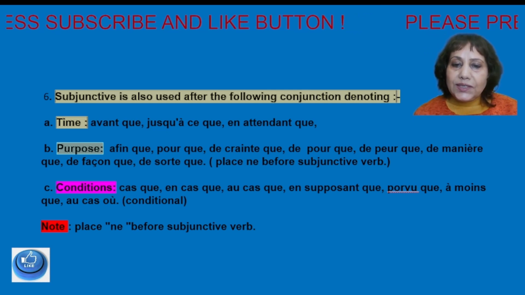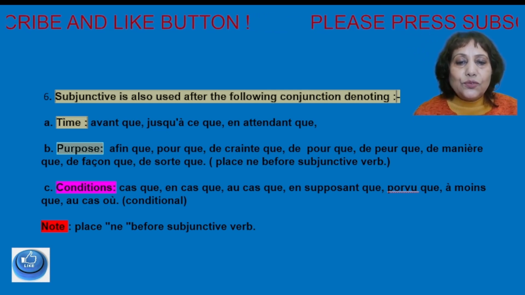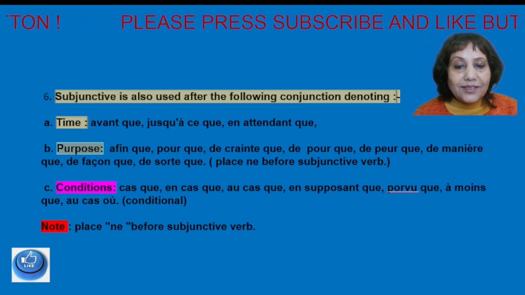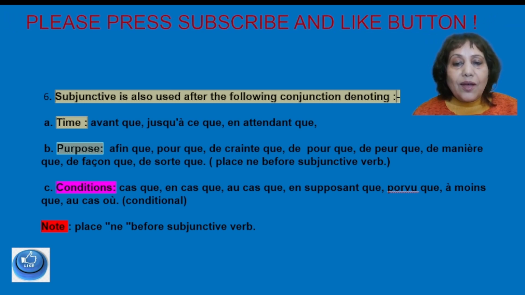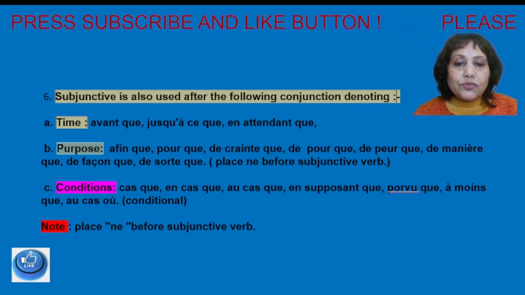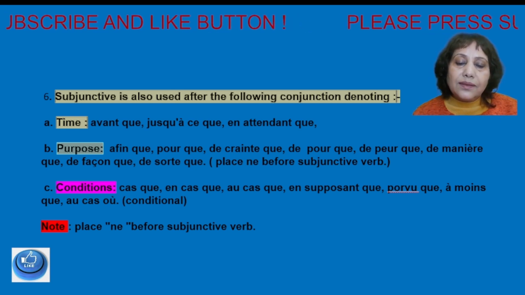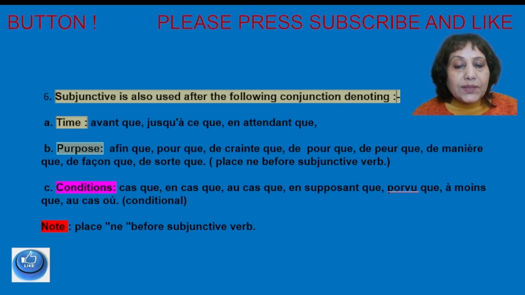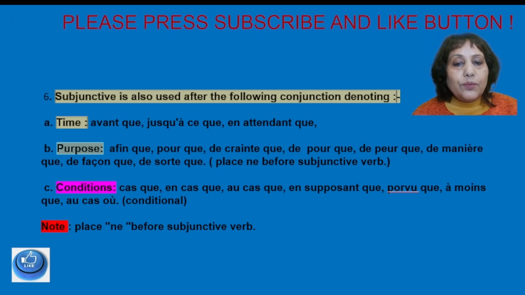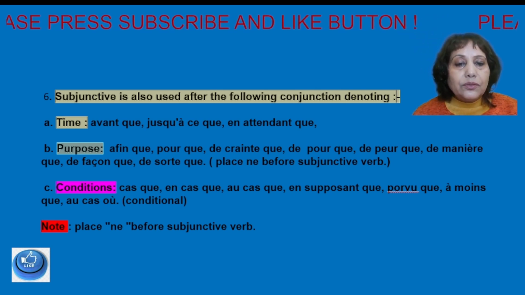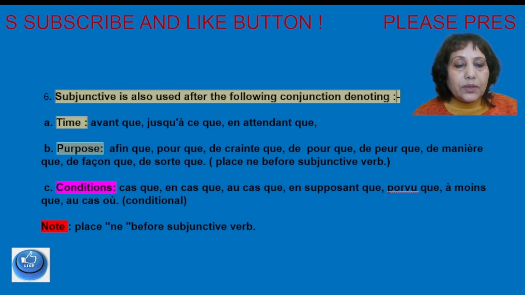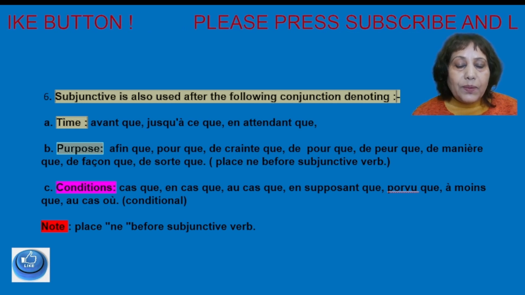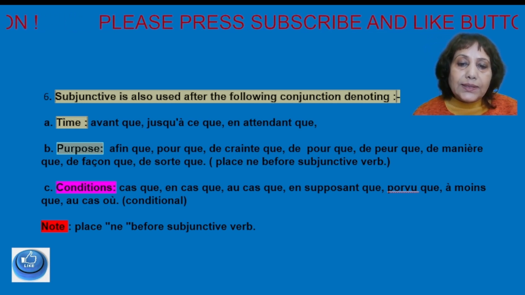Alright. So sixth point, subjunctive is also used after the following conjunctions. The time conjunctions: avant que, before that; jusqu'à ce que, till that; en attendant que, while waiting that. Purpose: afin que, pour que, de crainte que, de peur que, de manière que, de façon que, de sorte que. Place ne before the subjunctive verb in these cases.